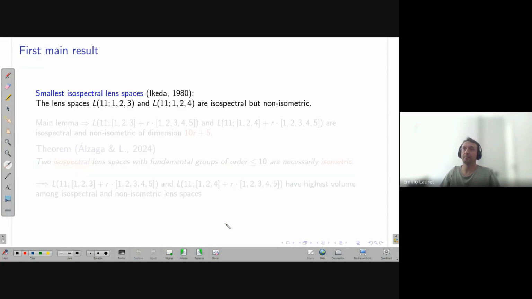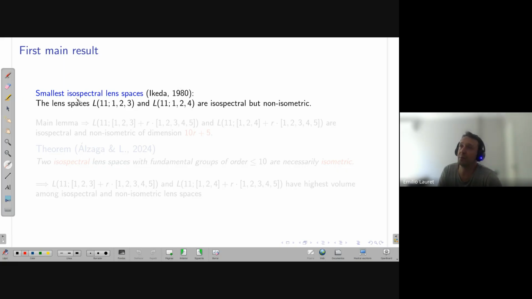And well, let's review the very first examples of isospectral length spaces. This was done by Ikeda in 1980. At that moment, there were not many isospectral examples in general among Riemannian manifolds, only flat tori and hyperbolic surfaces by Vignéras were known.